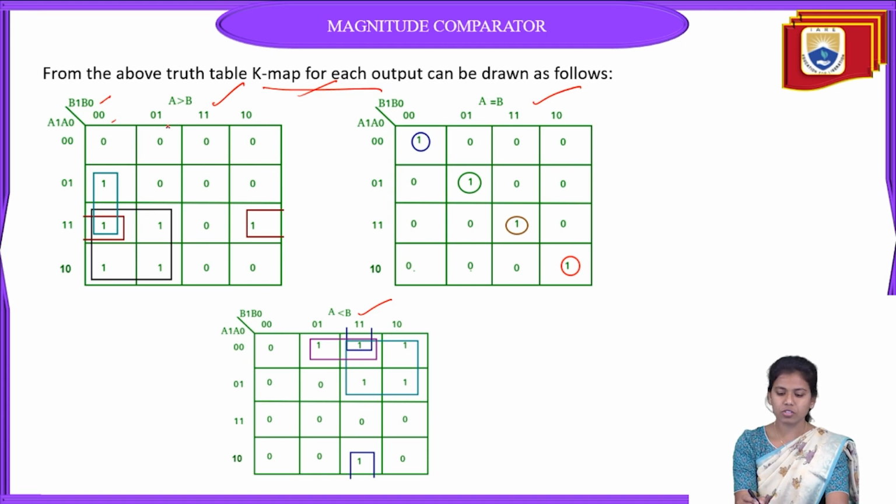For 00 and 01, now we have to see the combinations. Here 1 and 1 are mapping, so it is a pair, here a quad is formed, and here one more pair is obtained.